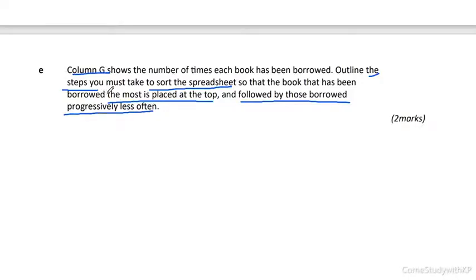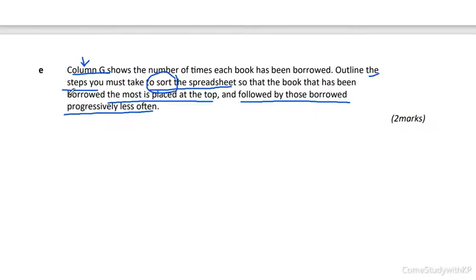So when we look at this question, we know that it's asking us to sort, right? We're going to sort the spreadsheet. But what are we going to sort by? It says we're going to sort by column G.